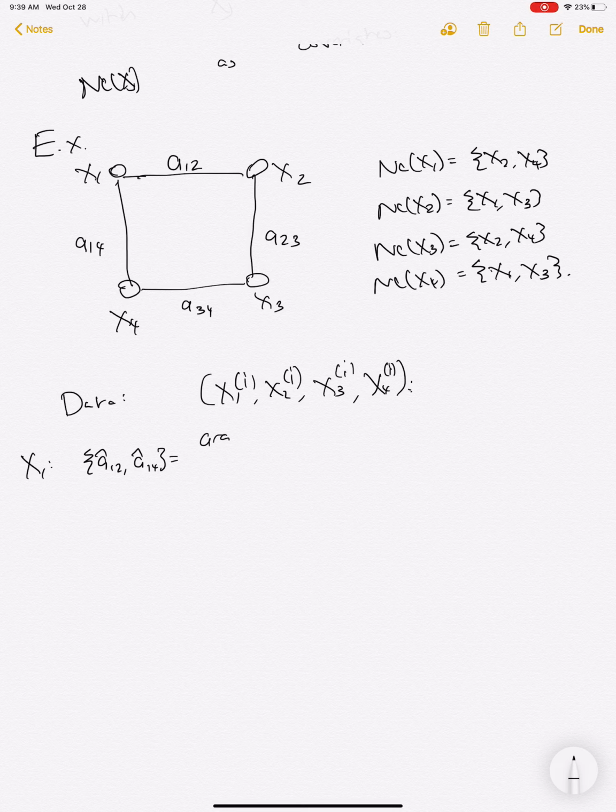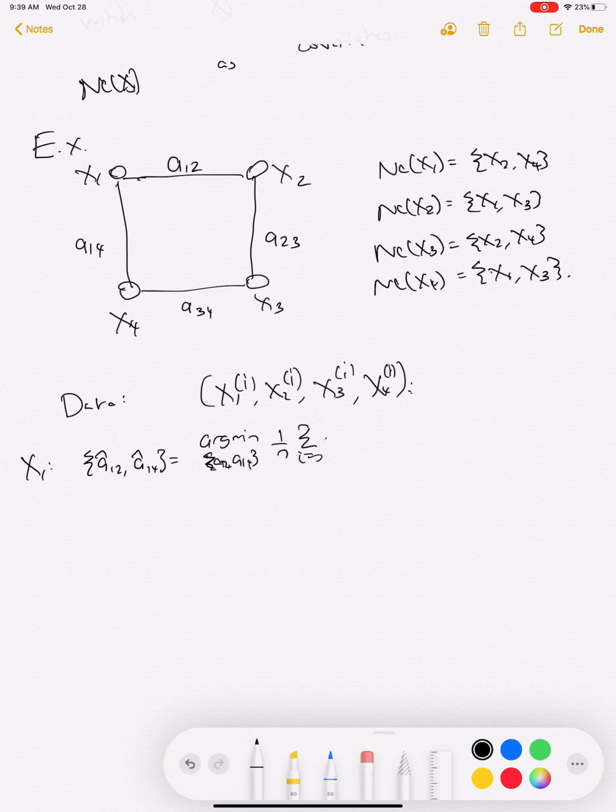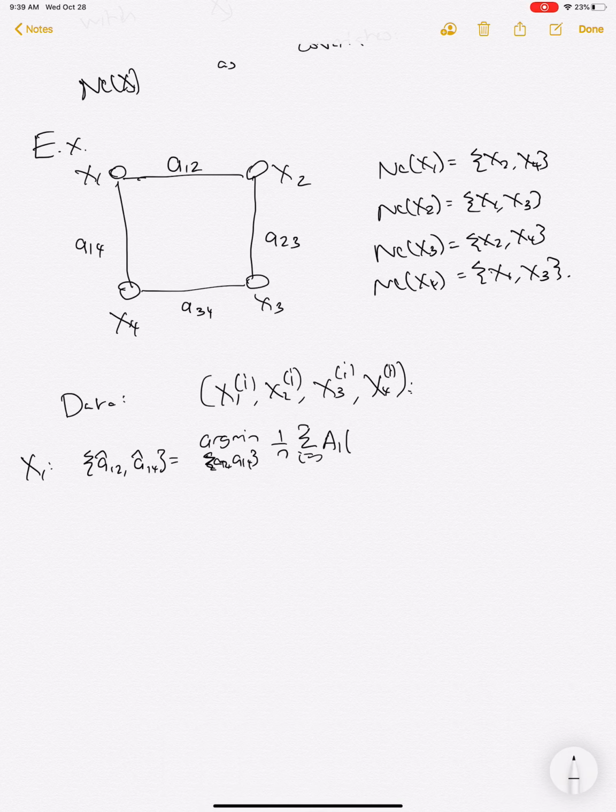That's going to be the argmin of a1,2, a1,4. And you're going to get what we've seen before. So this is going to be a1 of a1,2 x2i plus a1,4 x4i.